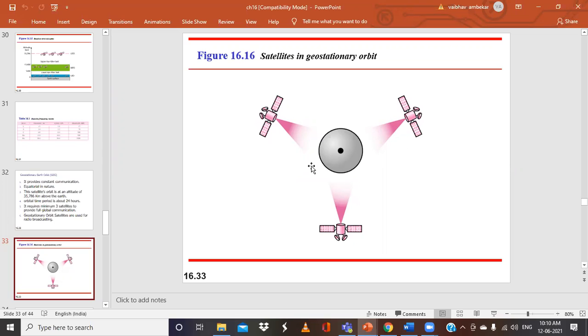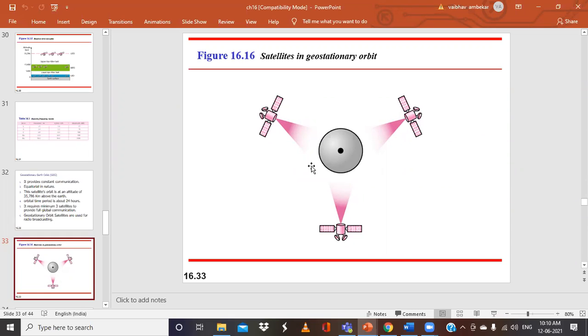To ensure constant and reliable communication, the satellites must move at the same speed as the Earth. So these geostationary satellites have the same speed as the Earth, so that they remain fixed above a certain spot and we can have proper communication.